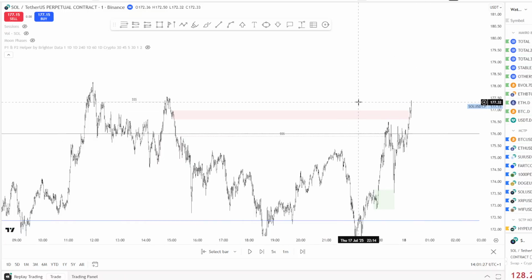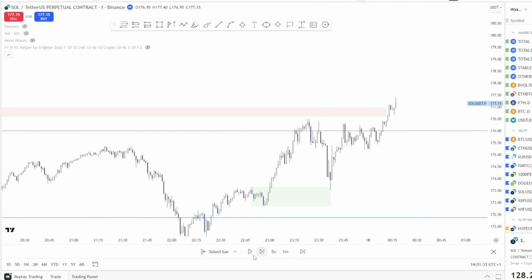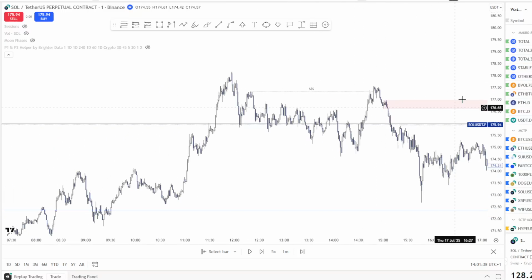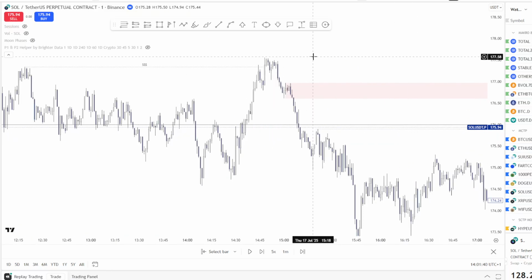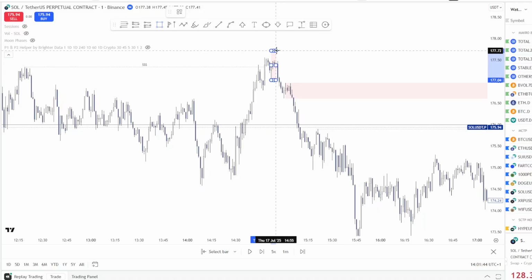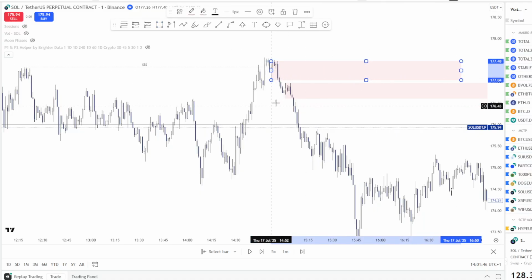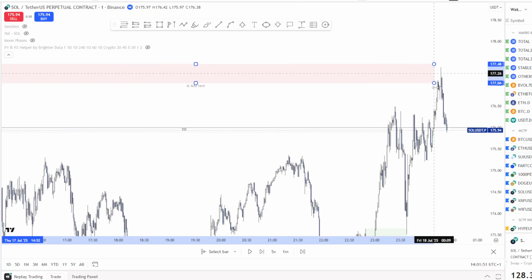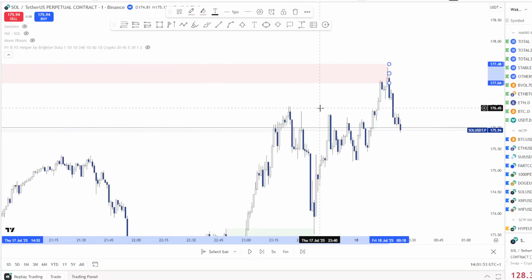So at this point, I would want to see a Model 1. There is some sort of structure supply here, which we rejected on.